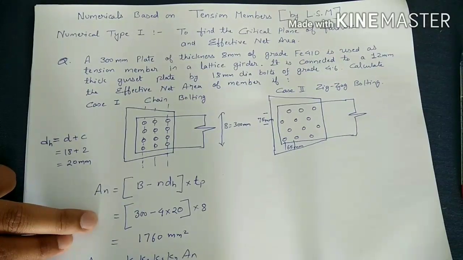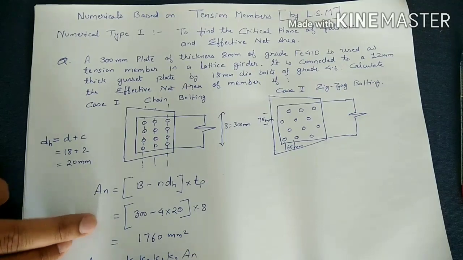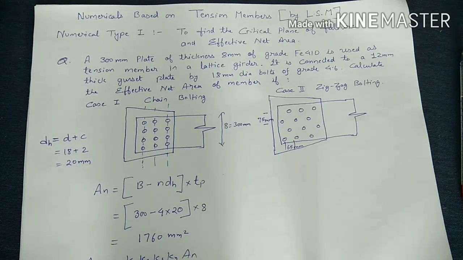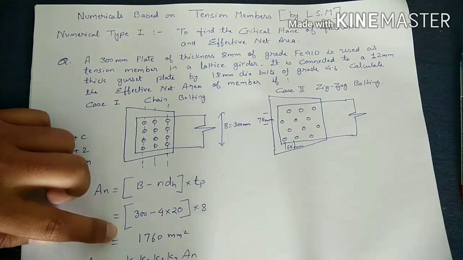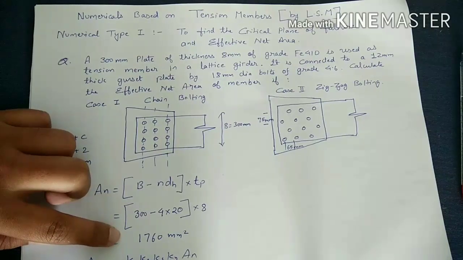Here K1, K2, K3, K4 are ductility factor, hole forming factor, geometry factor and shear lag factor. Since the question does not give this account, we consider K1, K2, K3 and K4 as 1.